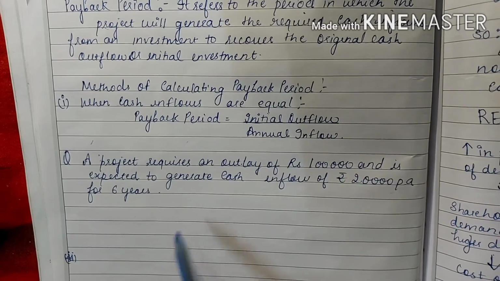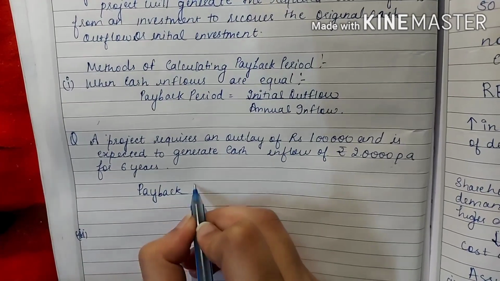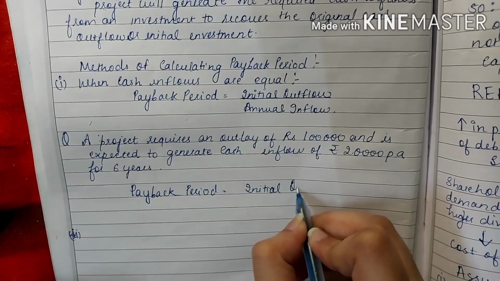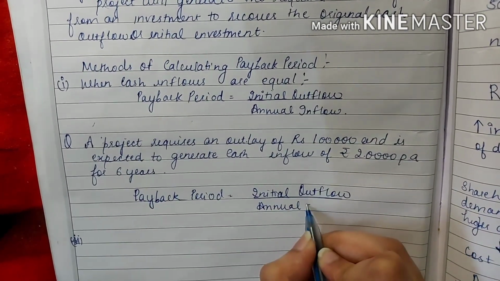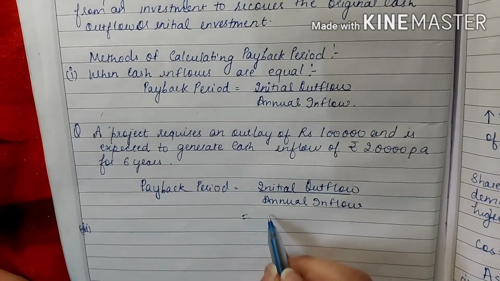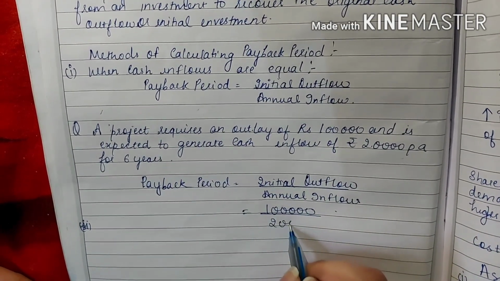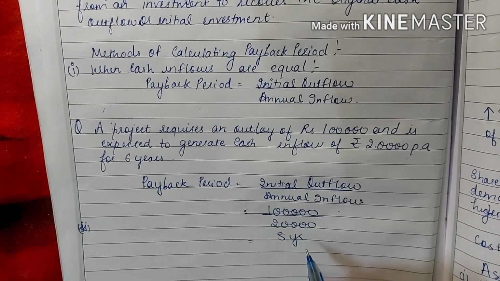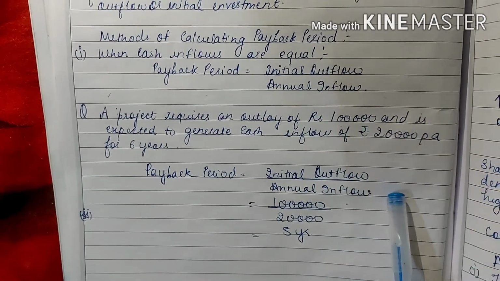Using the above formula, payback period is initial outflow upon annual inflow. Initial outflow is rupees 1 lakh and annual inflow is 20,000. So payback period is 5 years. This means the firm will be recovering this amount in 5 years.